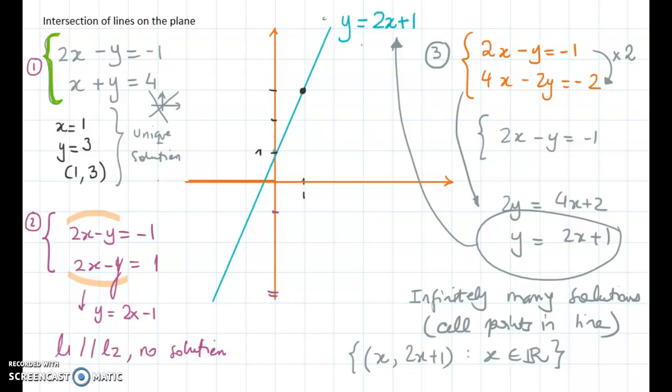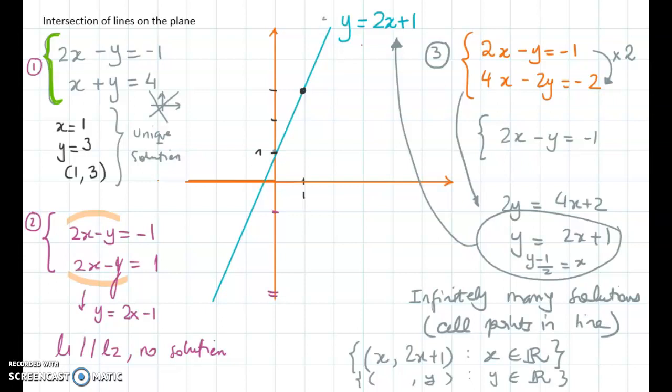On the other hand, if we want to write the solutions in terms of y, we fix the second coordinate with any real number y. So we need to isolate x in terms of y: (y minus 1) over 2 is going to be equal to x.